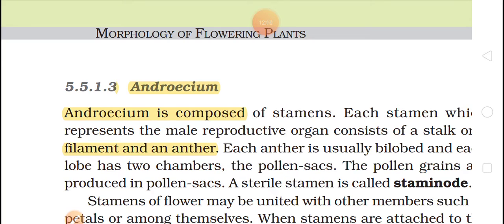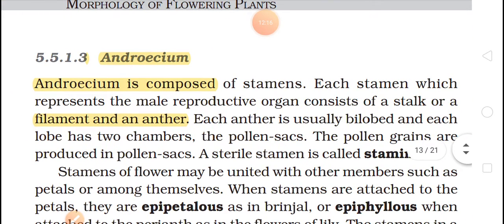It has two parts, anther and filament. Androecium, the male reproductive part, consists of anther and filament. Anther is the upper structure where the pollen grains are made.